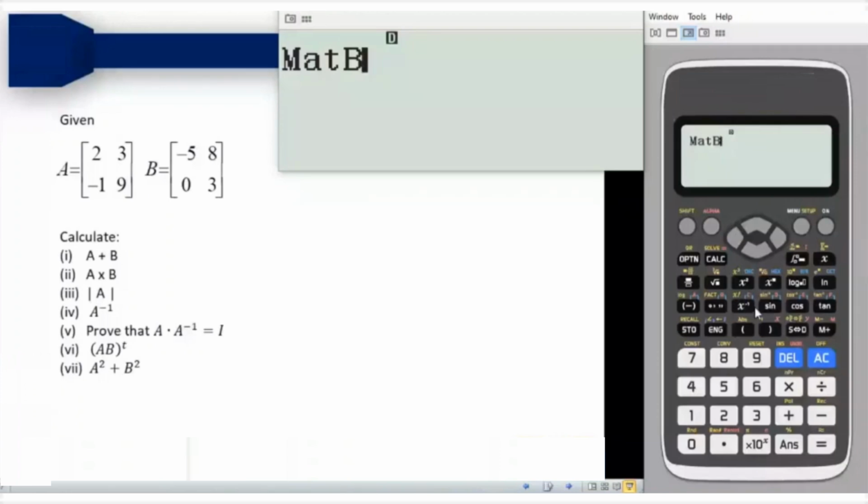And when I press this inverse button, there is this inverse sign available on the screen.